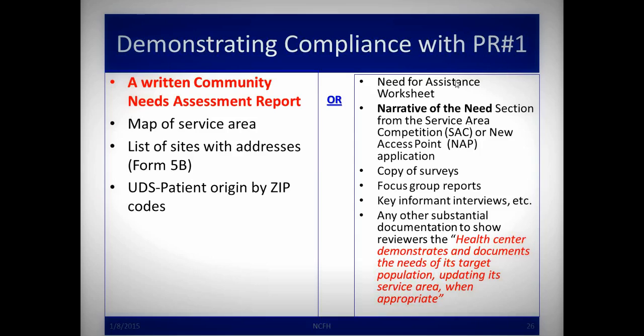One of the things that you can do is to have ready the Need for Assistance Worksheet, the narrative section of your service area competition or your new access point application, copies of surveys, focus group reports, key informant interviews, etc., or any other substantial documentation that can show the reviewers that your health center demonstrates and documents the needs of its target population and updates its service area when it's needed.